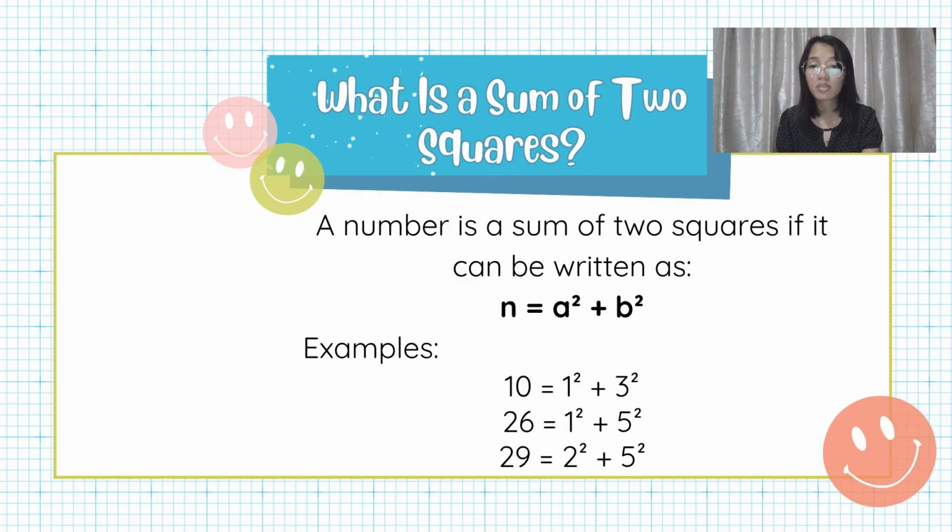Because 5 multiplied by itself is 25, and 25 plus 25 is 50. So different combinations give us different results, and that's what makes this topic interesting.